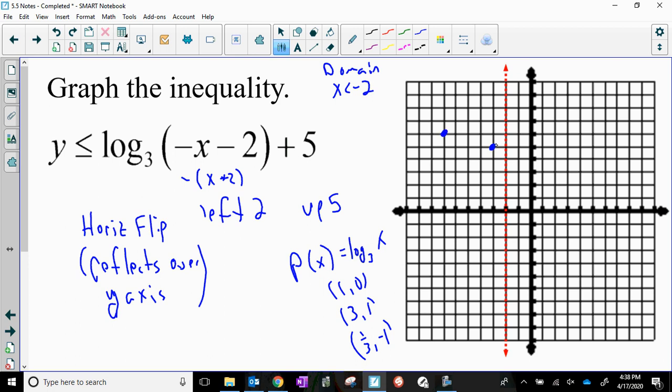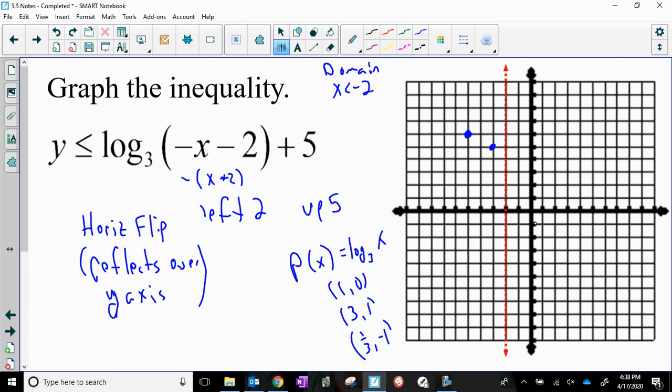Another way to think of it, the distance between the vertical asymptote and our point when the exponent is 0 is 1. So when the exponent is 1, if I move 1 up from that, the distance of your base is, sorry, it's 3, not 5. It would be 3. So 1, 2, 3. Let me show that flipping again. All right, so it would be 3, 1, flip, left 2, up 5.